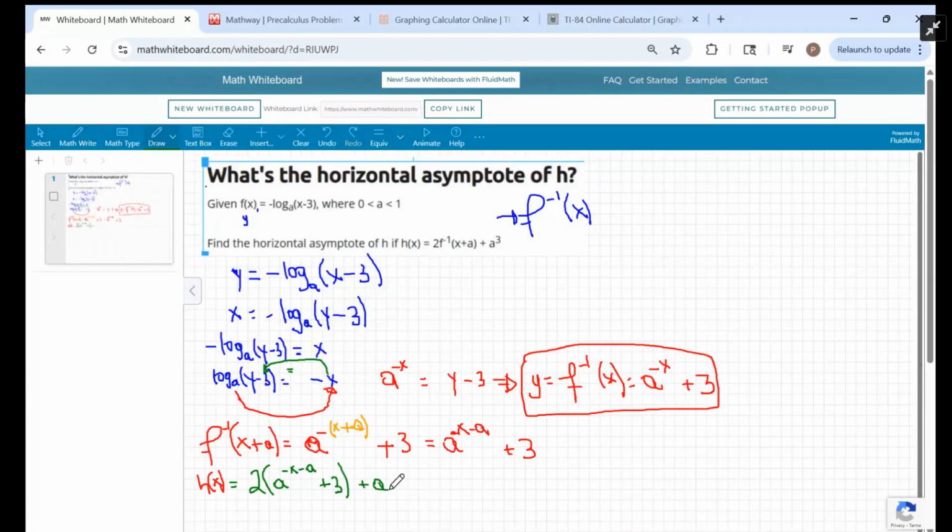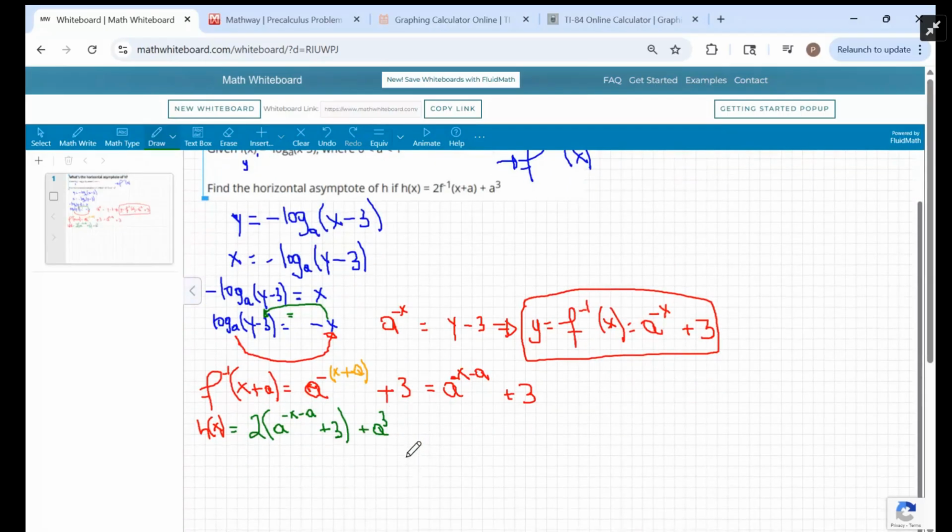That's what h of x is. And if we want, actually, let's expand. So it's going to be 2 times a to the power of minus x minus a, plus 2 times 3, which is 6, and then plus the a cubed that was standing outside the parentheses. So again, that is h of x.